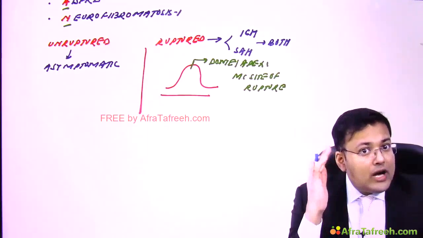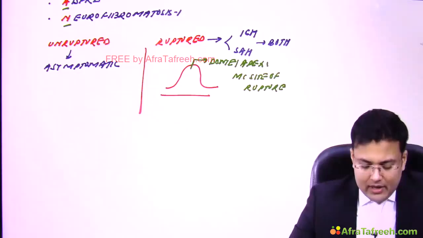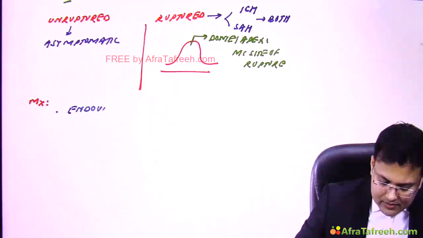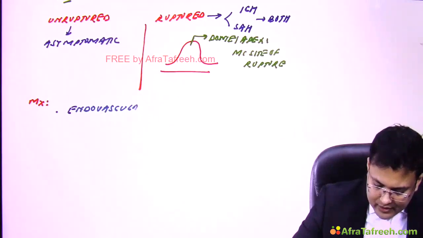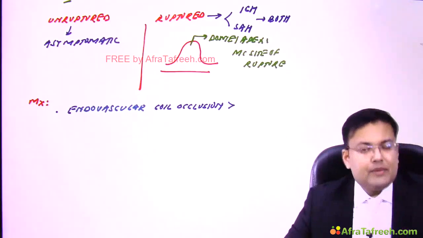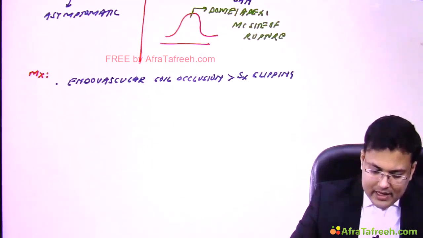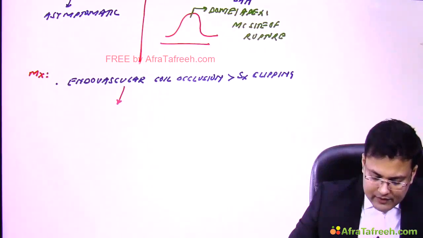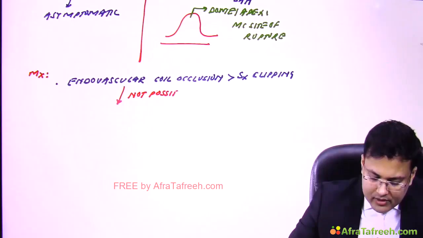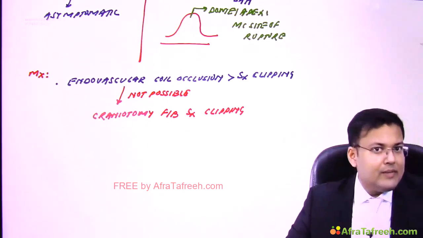If endovascular coil occlusion is not possible, in those cases only we go for craniotomy followed by surgical clipping of the aneurysm. So this is how we manage the patients of Berry aneurysm.